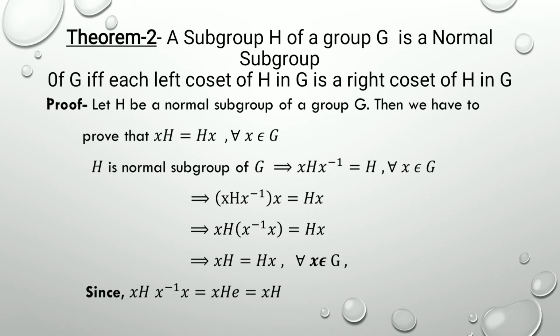Let H be a normal subgroup of group G, then we have to prove that xH is equal to Hx for every x belongs to G. H is normal in G, so x H x inverse is equal to H for every x belongs to G. It implies x h x inverse x is equal to hx, so xh, with x inverse x in brackets, is equal to hx. So xh is equal to hx for every x belongs to G.